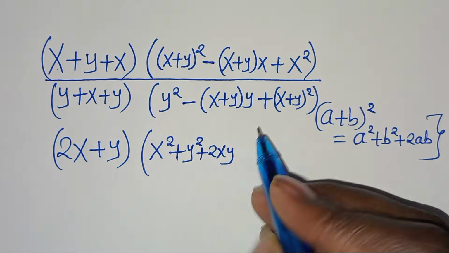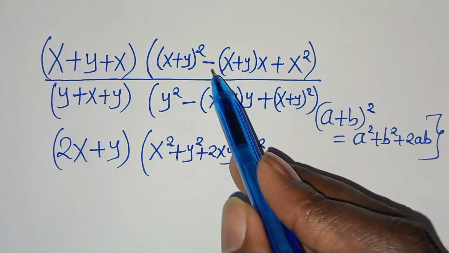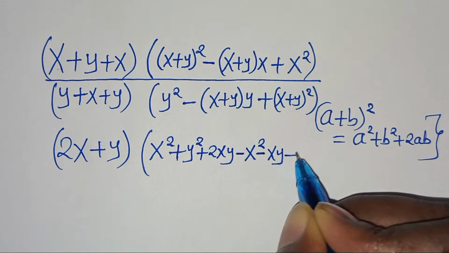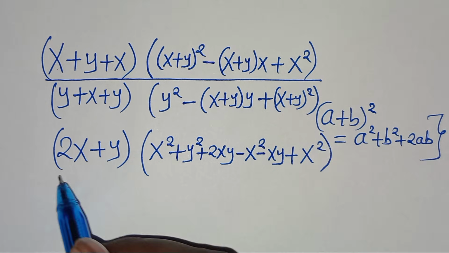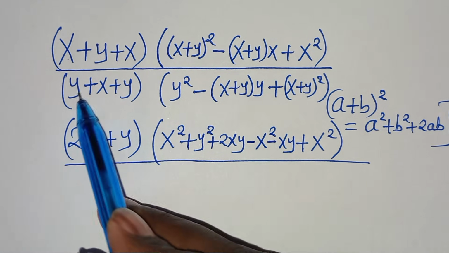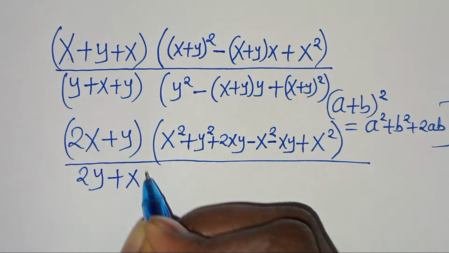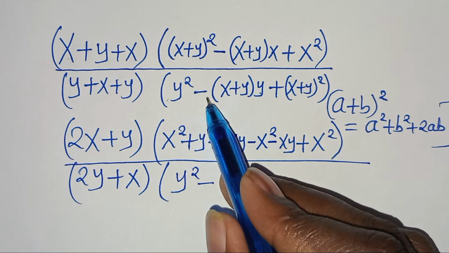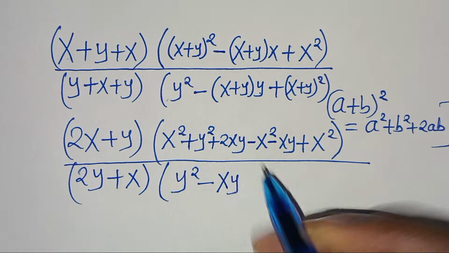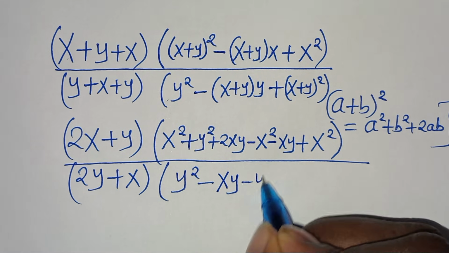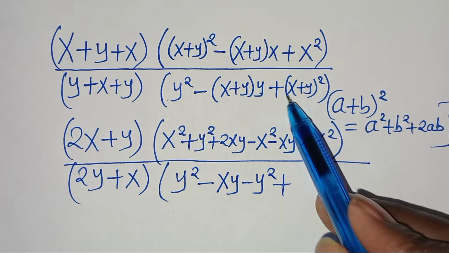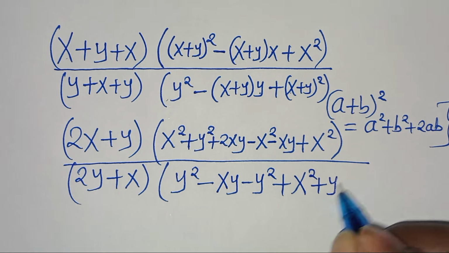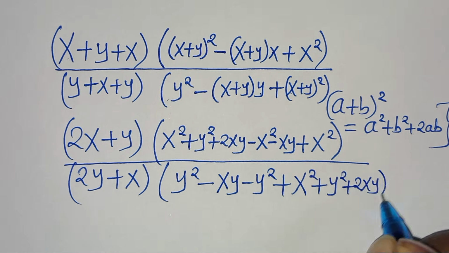We have x times x, which becomes minus x squared, then minus x times y, which becomes minus xy, then plus x squared, divided by, in the denominator, y plus y, which is (2y plus x), times y squared, subtract y times minus x, which is minus xy, then minus y times plus y, which is minus y squared, then plus the expanded x squared plus y squared plus 2xy.